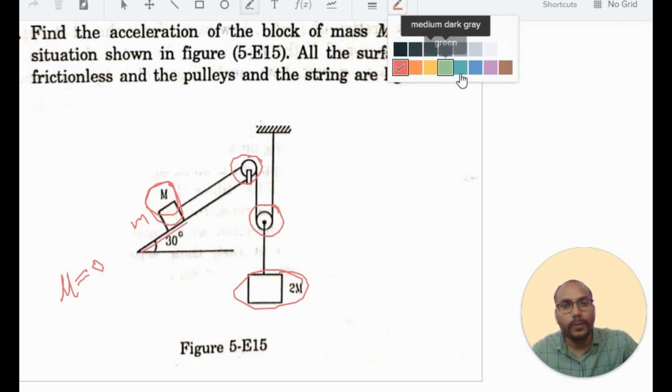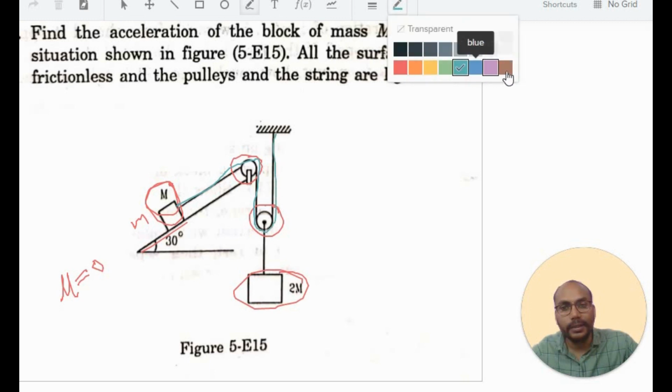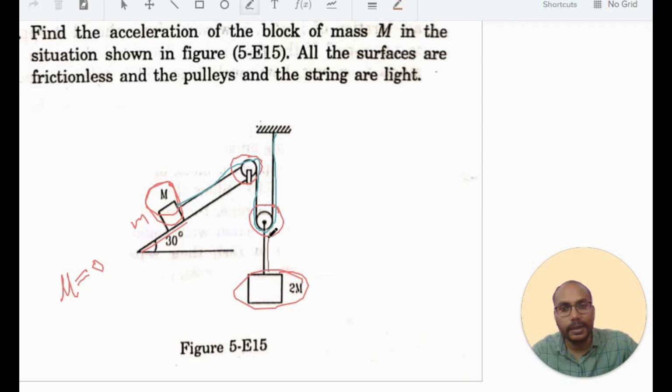And see, we have two strings here. This is our first string and this is our second string. In a single string, we'll get a single tensional force over the string.